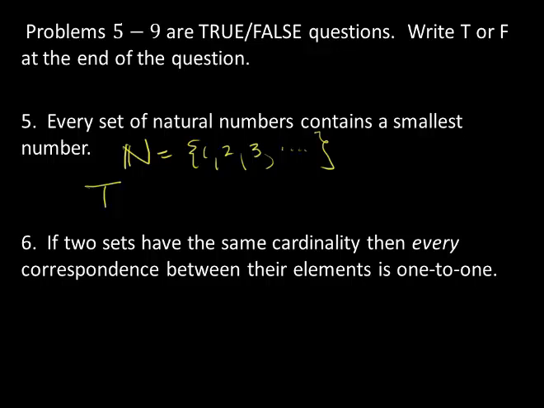Number 6, if two sets have the same cardinality, then every correspondence between their elements is 1-to-1. This is absolutely false. And I want to keep reiterating the importance of a list in the case of infinite sets. So I'm going to make a list here. Well, let's try to make a list of the integers.